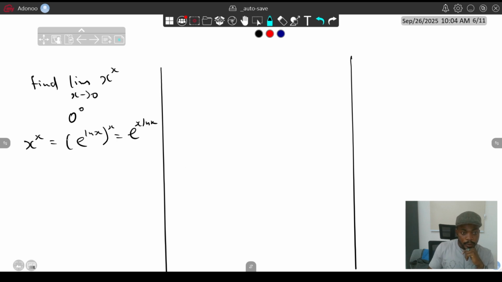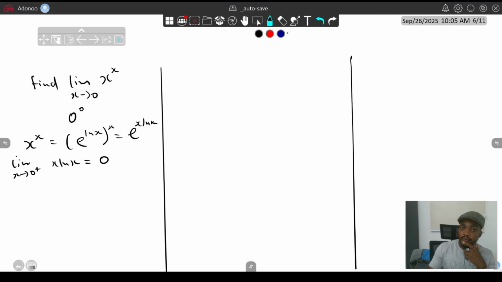Okay? So now, we have already discussed and we have already seen that the limit as x approaches 0 of x ln x is equal to 0. Right? Now I implore you to try this out and then confirm that this is true.